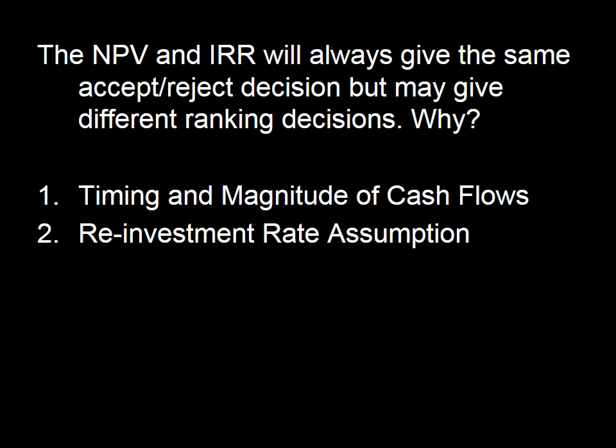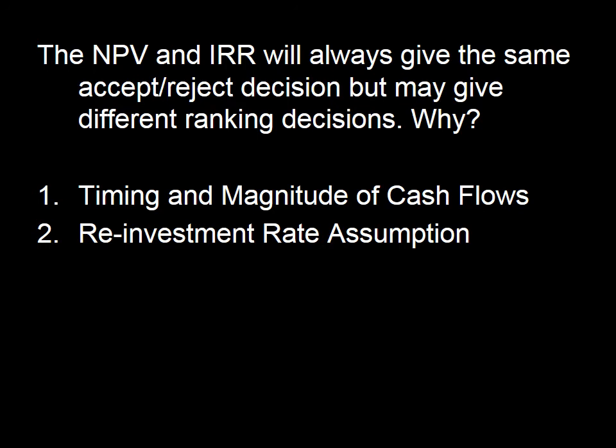Okay, first of all, it's important to keep in mind that as I'm talking about this, I'm talking about acceptable projects, because you can be sure that anytime the net present value of a project is greater than 0, meaning it's acceptable, the internal rate of return will in fact be greater than the cost of capital.